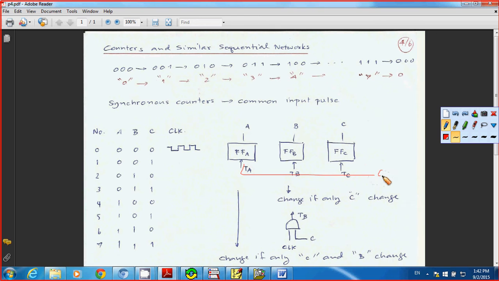For example, if you input the clock to your system here, your flip-flops are going to receive the clock at the same time. It means that when you have the clock show up here at C, you're going to have the clock signal show up at B at the same time as C, as well as the clock show up at the A flip-flop. So that's what we call sequential networks.